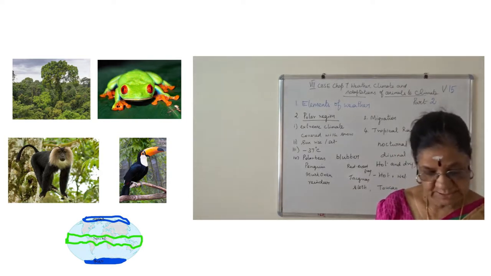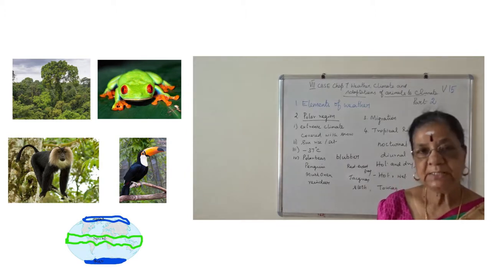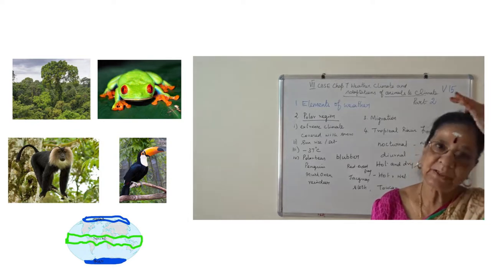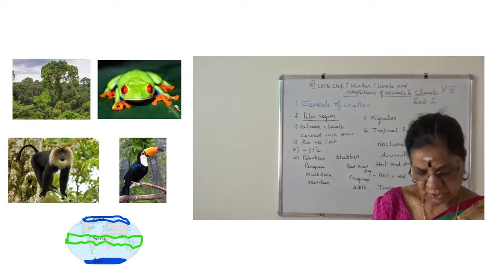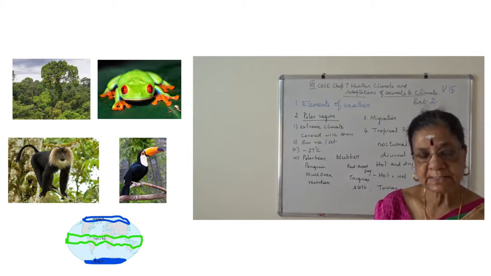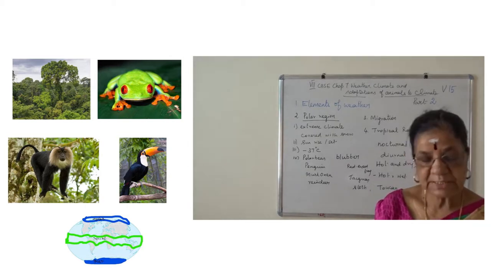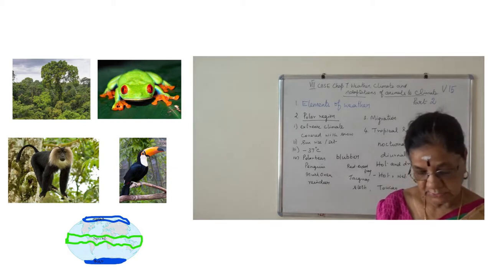The tops of trees form a dense canopy. Canopy means the outer layer of the trees, so that very little sunlight reaches the ground. Many rainforest animals are adapted to live in these trees.